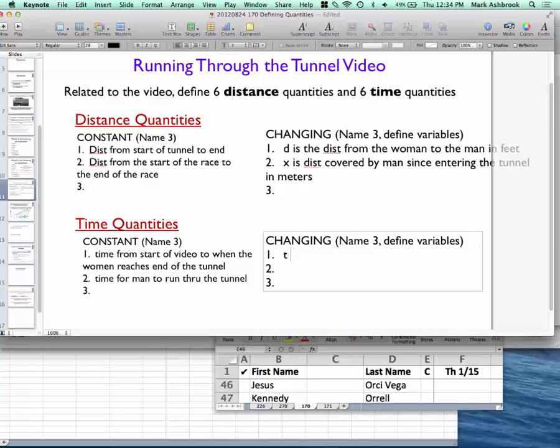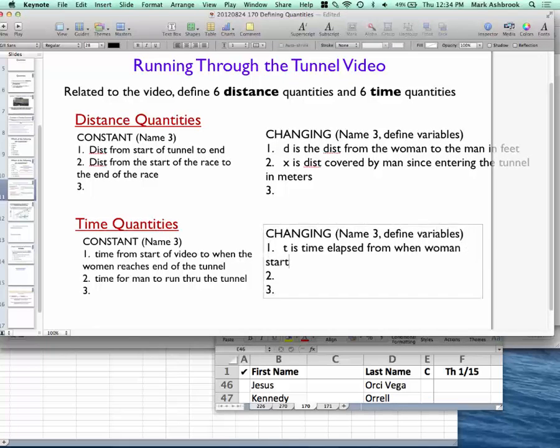T equals the time elapsed from when the woman starts the race, in seconds.